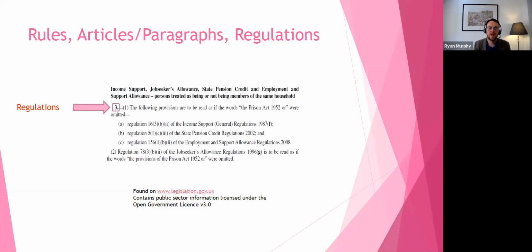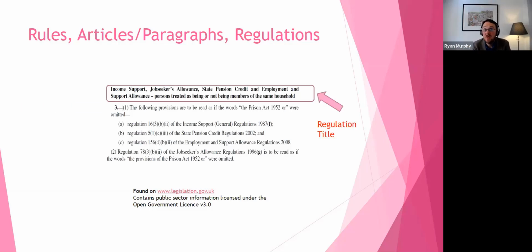So if we were to cite this particular provision, we would say that it was regulation 3 of the Social Security, etc., regulations. There is also a regulation title that's included for each of the regulations within the set of regulations.